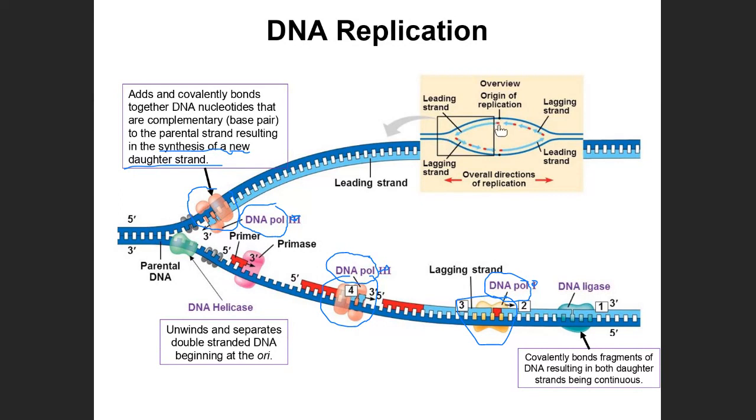But when it turns around and looks back, what it didn't see is that one of these enzymes, DNA helicase, was also on this side, continuing to unwind and separate DNA. So now we have additional parent single-stranded DNA that hasn't been replicated. So additional DNA polymerases have to keep coming in to start synthesizing a new daughter strand to help out with this enzyme.